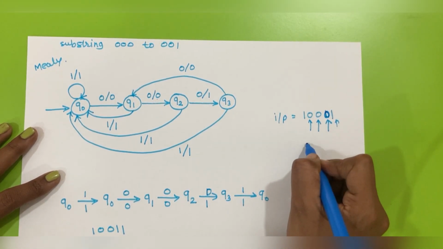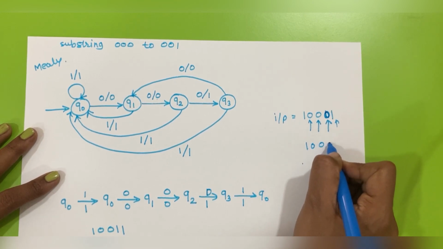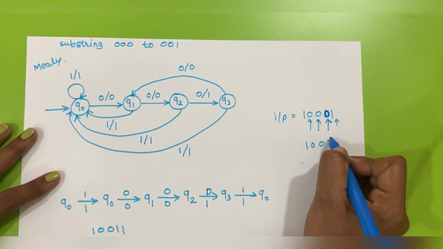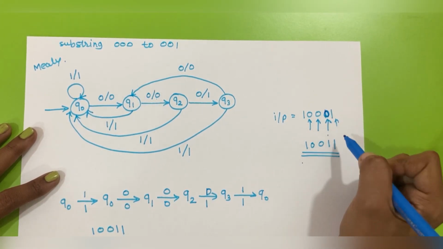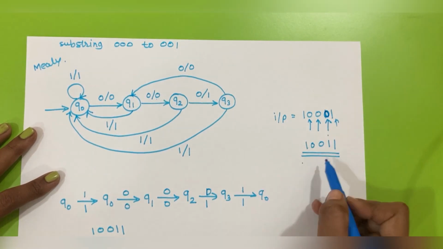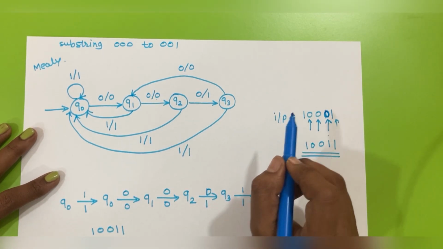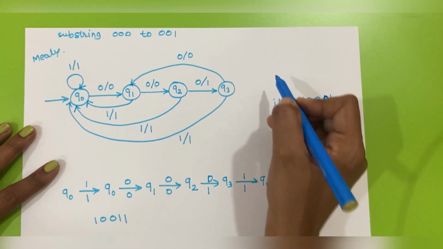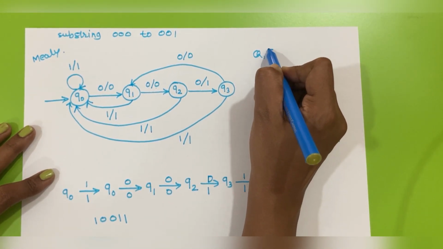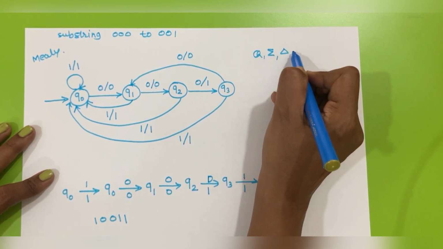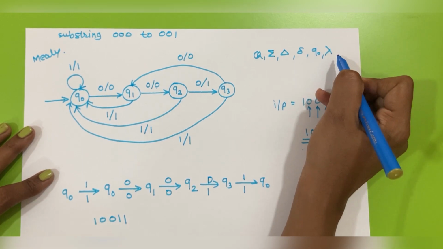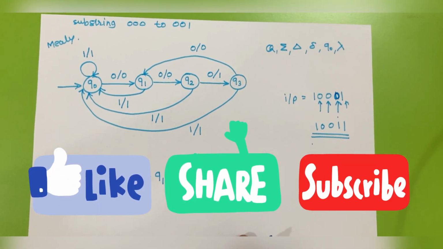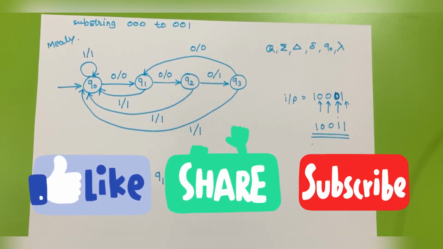So here, in the string 10011, the third 0 is converted to 1. Our requirement is fulfilled, and this is our final Mealy machine. Again here we have to write Q, sigma, triangular delta, delta, Q0 and lambda. Hope you have understood this problem.